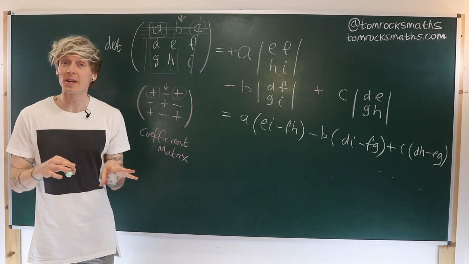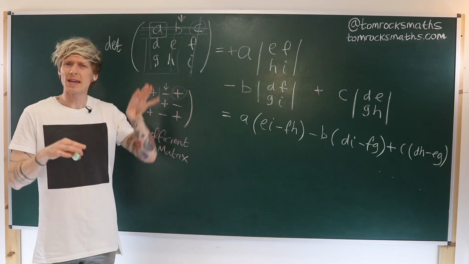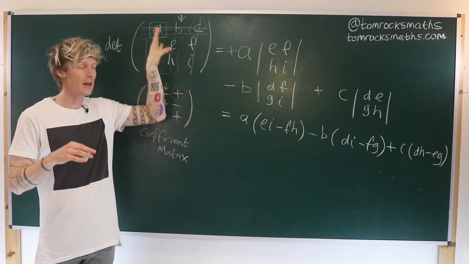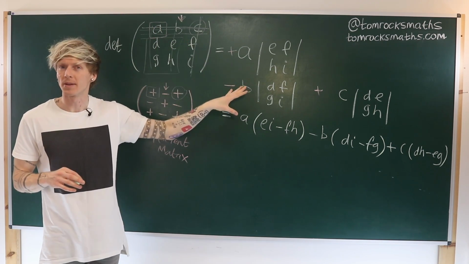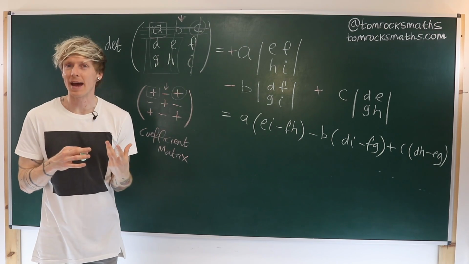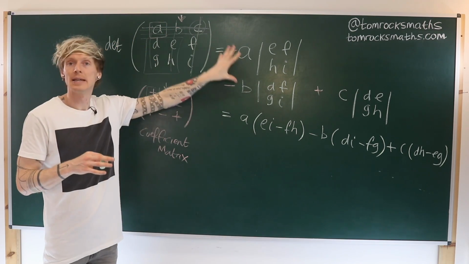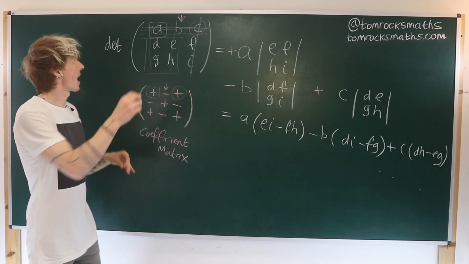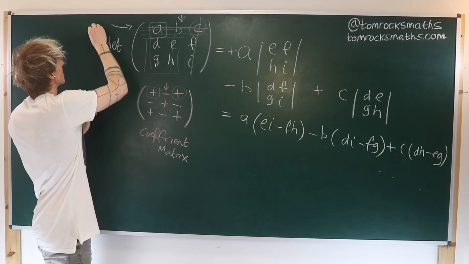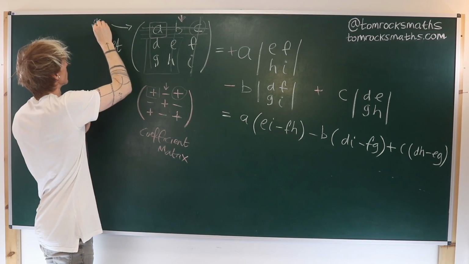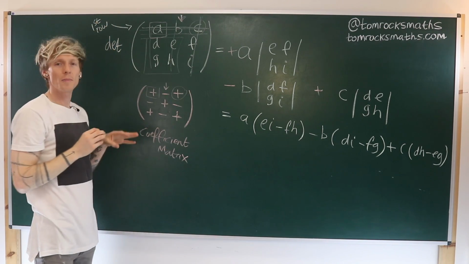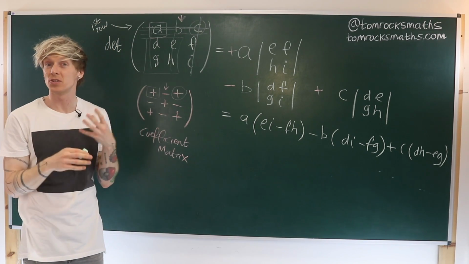Now, the second point I'd like to discuss here is how we calculated this particular determinant. What I mean by that is when I was doing the expansion to get the determinants here, I decided to expand in the first row. Now, you don't have to do this.